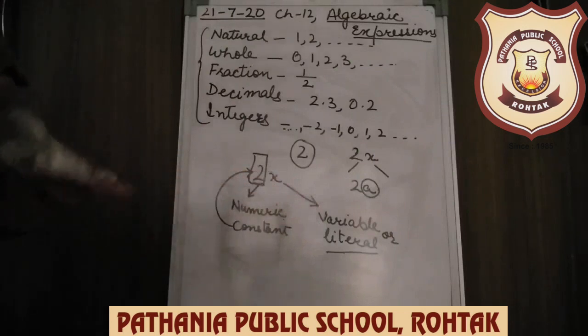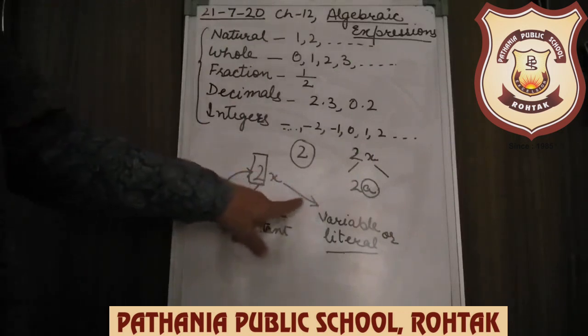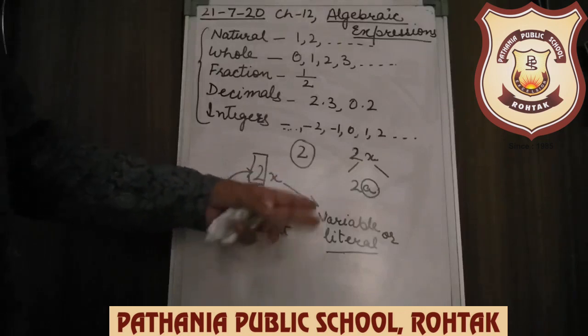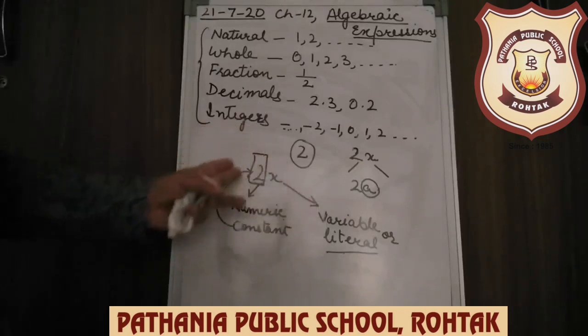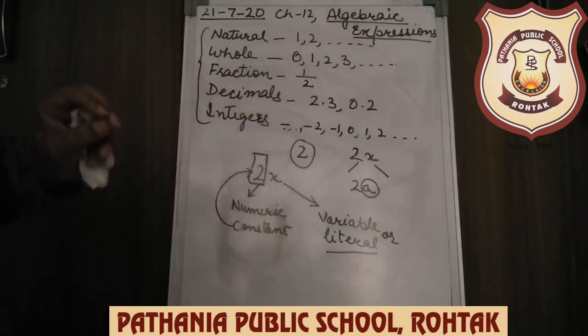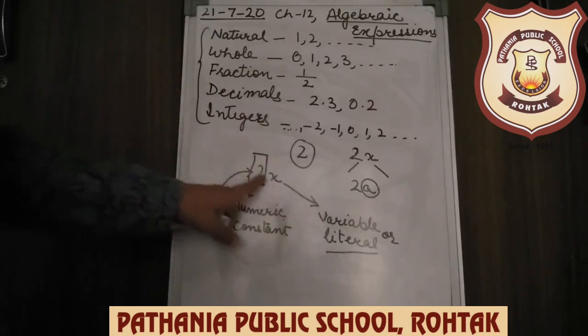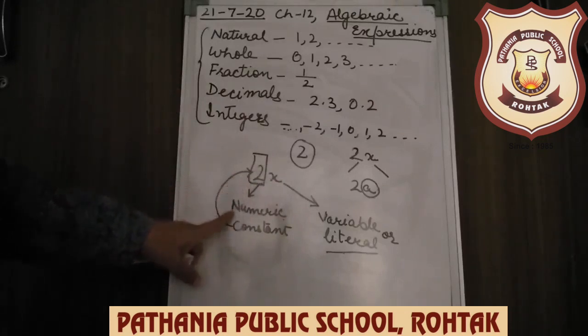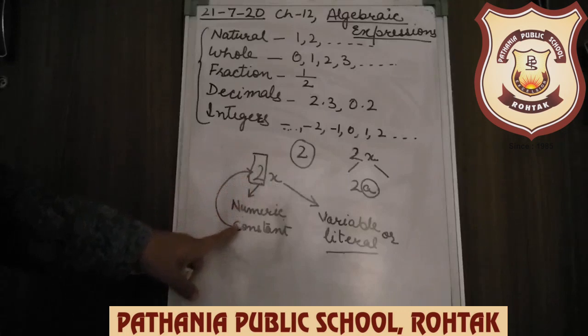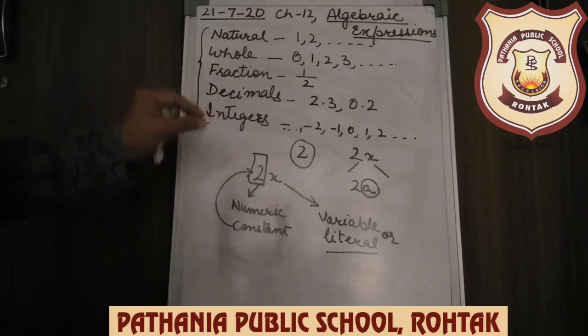So you should know the meaning of both the things, as sometimes they may ask you what is the literal part in this expression. So you will write x is the literal part in the given expression. So now I think both the things are clear. What is the numeric part, which is also called constant, because 2 will remain 2 only. 1 by 2 will remain 1 by 2 only.